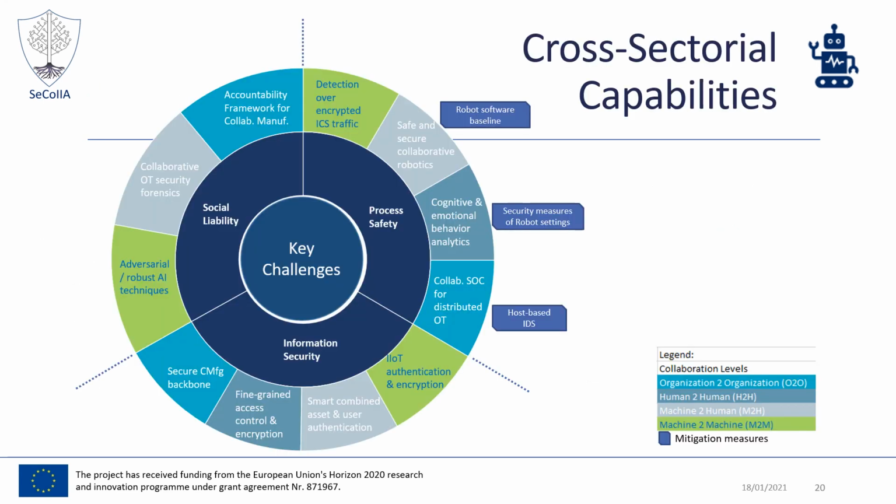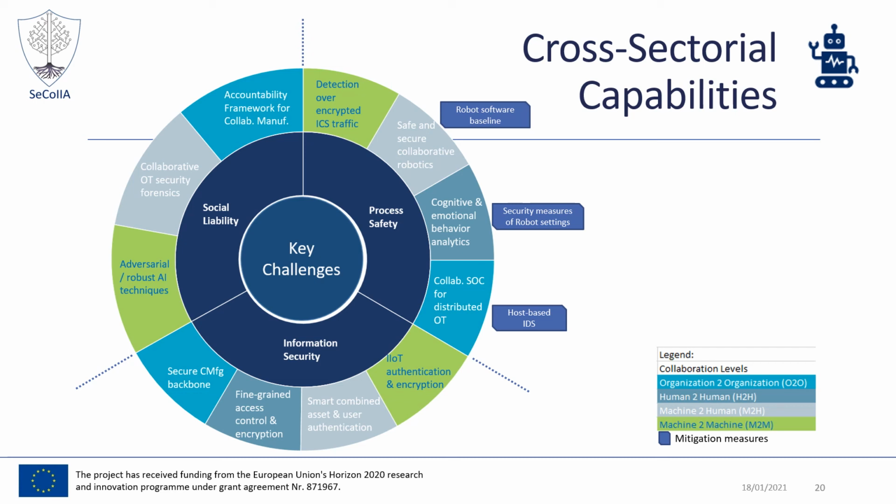And for this misuse case, we have established these controls. So for safe and secure collaborative robotics within the use case, the robot software baseline should be established. So the configuration files, even if they got changed at any moment, then the administrators know how the baseline looked like and can go back whenever they need to.